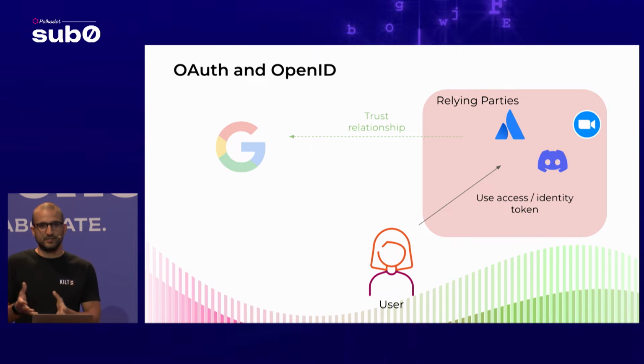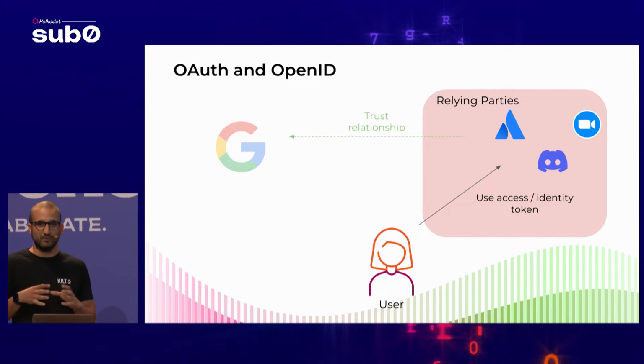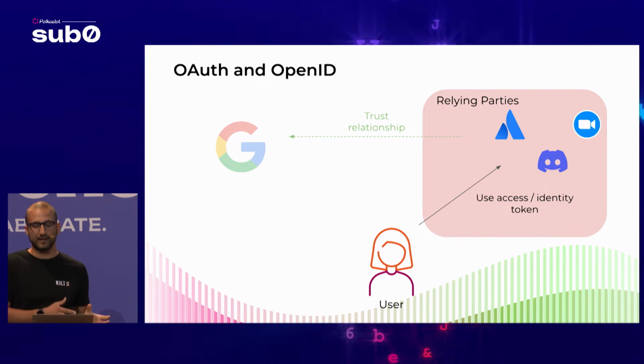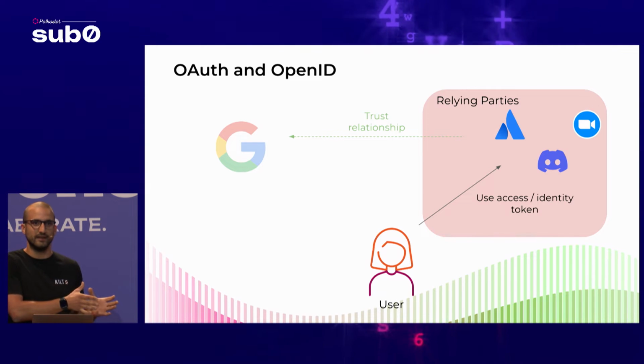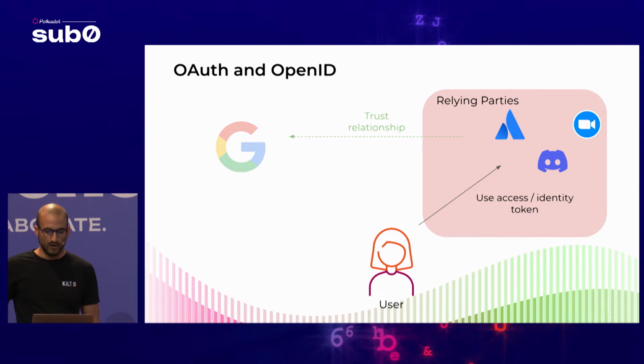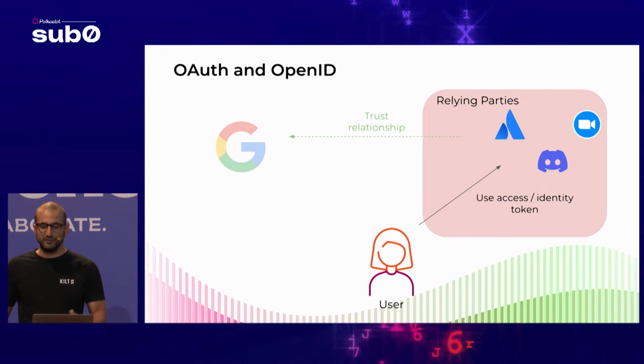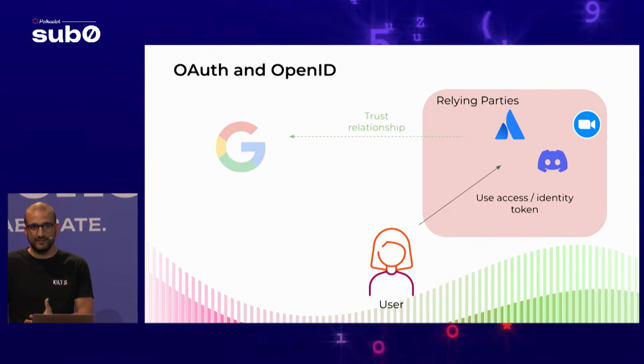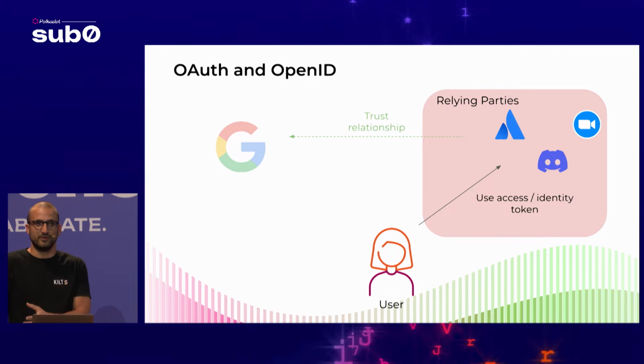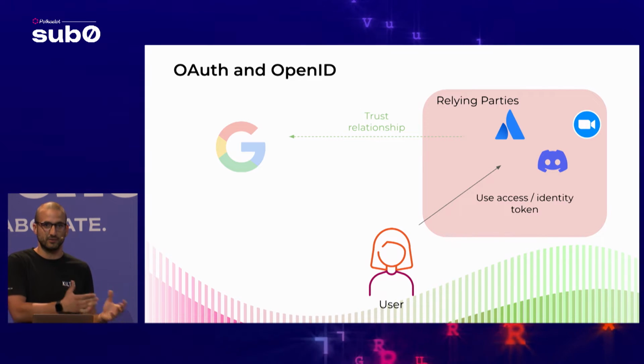But because all the information that is associated with my Google account is sensitive and also established only between me and Google, Zoom has no way to verify for themselves whether this information is actually true or not. They have to trust Google that whatever Google is saying about me is true.